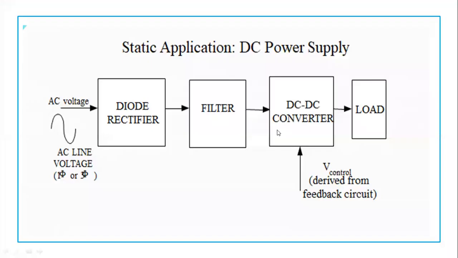This is one example. Then I was talking about the DC power supply, right? You might have done the DC power supply in your school days itself: AC, diode rectifier. This diode rectifier is actually a converter, an AC to DC converter. Then a filter is there. Then a DC to DC converter, of which you will study different types. The DC power supply also controls the converter. If you are using a converter, we should control it.